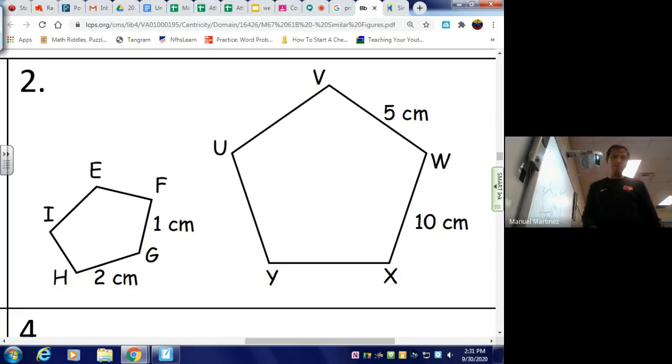Go ahead and sketch those, and then we will determine if they are similar or not.